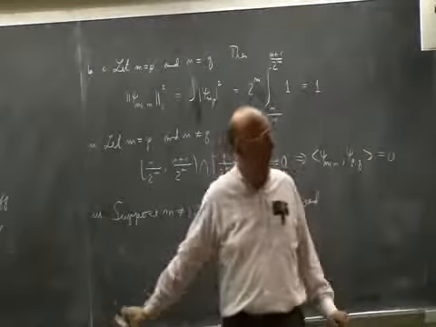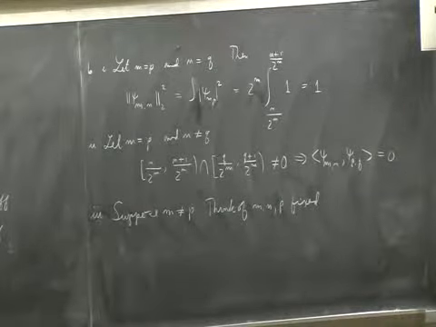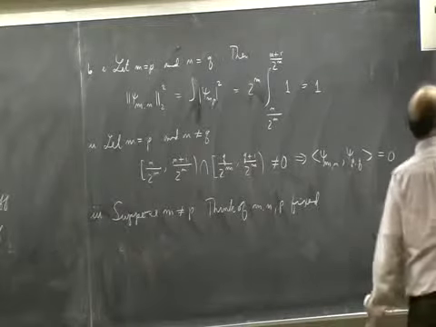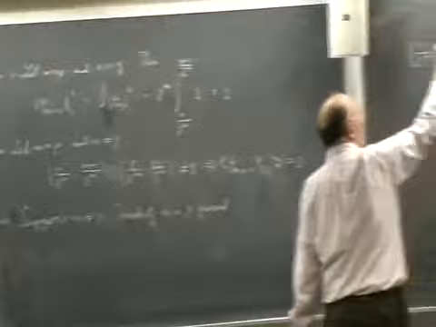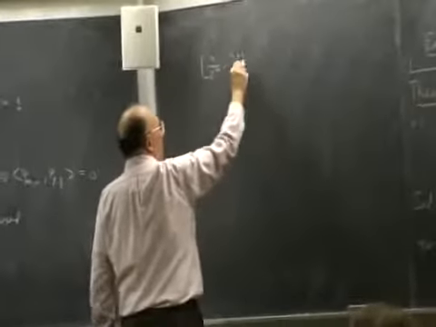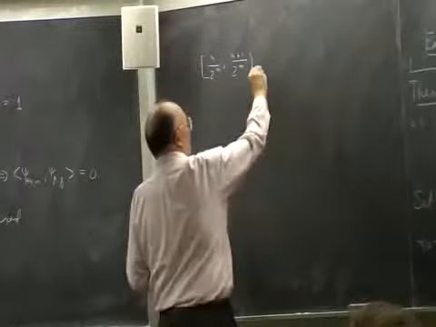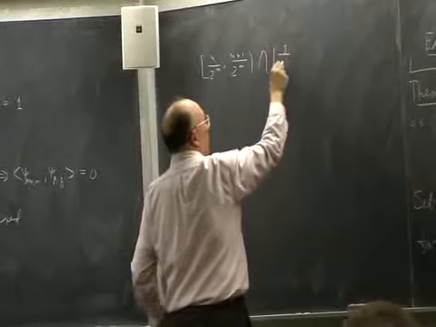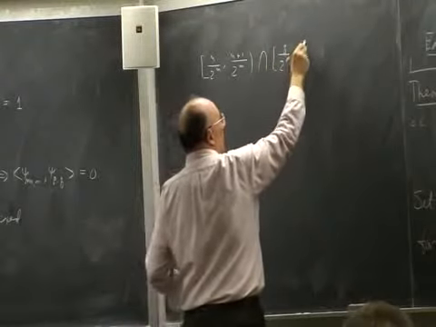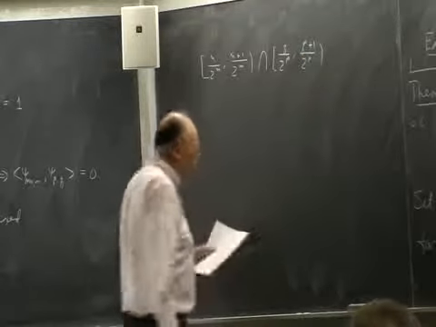If we do that, then let's look at our intersection here. What we have is n over 2 to the m, n plus 1 over 2 to the m, intersected with, thinking of p as fixed now too, q over 2 to the p, q plus 1 over 2 to the p.